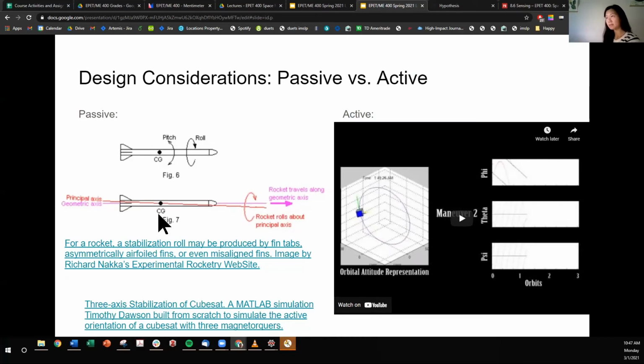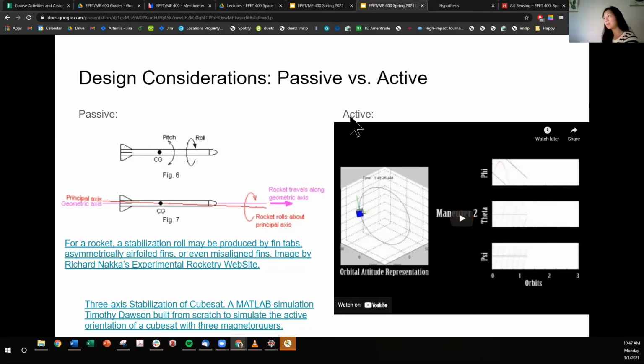This is a spectrum, so you can go from passive to active, where you can have part of your degrees of freedom being passive, and then you can also have parts of your system being active.